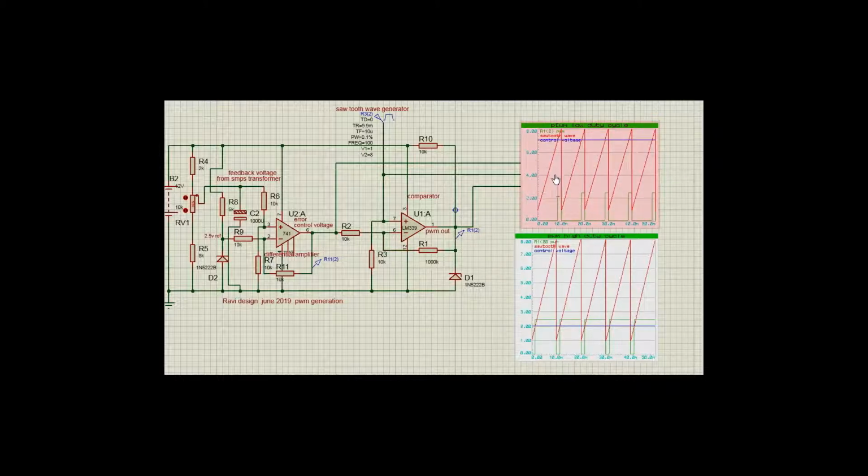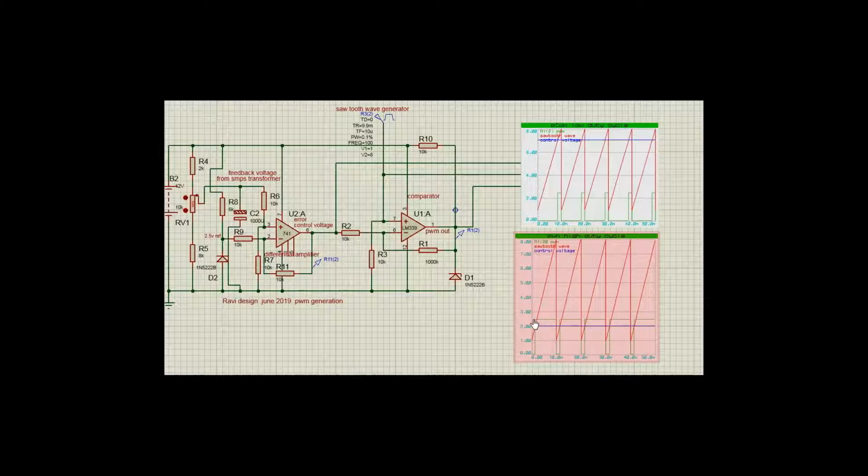is lowered naturally. If, on the other hand, the output of the SMPS from the secondary of the transformer is too low, as we see here in this graph at the bottom, then this naturally produces a pulse width modulated signal with a high duty cycle.